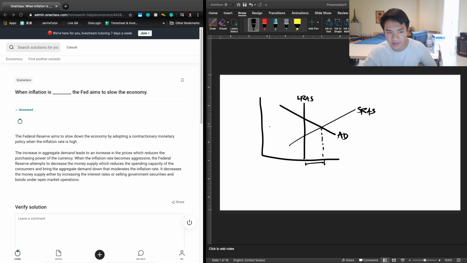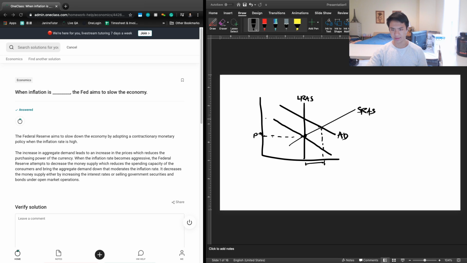The question asks, however, when inflation is high or low, right? So we have to look at price levels here. When the inflation rate is high, that's when we would really see an expansionary gap. With a long-run equilibrium, all three lines intersect at the same point, which gives us a price of P star.